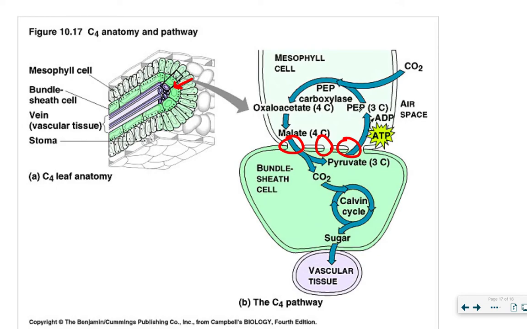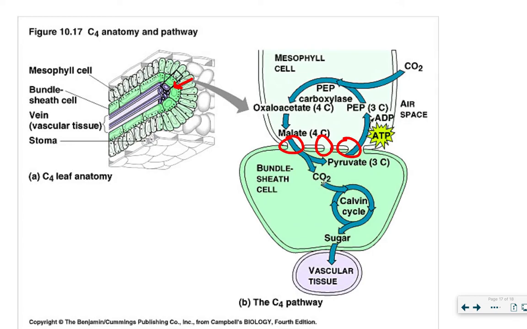Once the CO2 is fixed to this intermediate called PEP, a 4-carbon product is produced, and that 4-carbon product is continuously processed and ultimately funneled through these plasmodesmata into the bundle sheath cells down below. In the bundle sheath cells, the intermediate is broken apart into carbon dioxide and pyruvate.